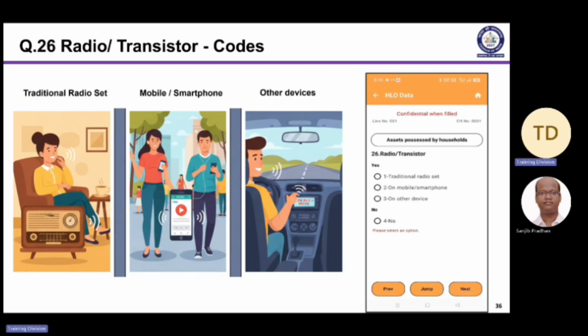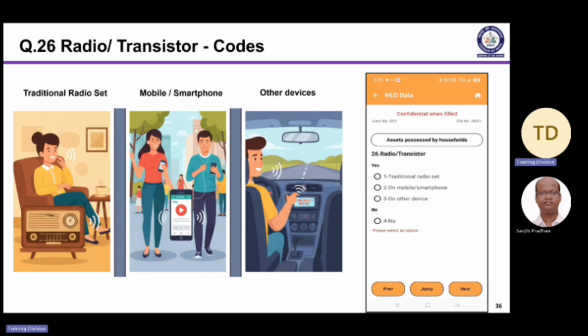So these are some pictures. The first one is a household with a traditional radio set. The second one, they are listening to radio through the smartphone. The third one, other devices like a car stereo or something else. And there are four codes: traditional radio set, mobile or smartphone, other devices, and no. We debated this question again after the pretest.